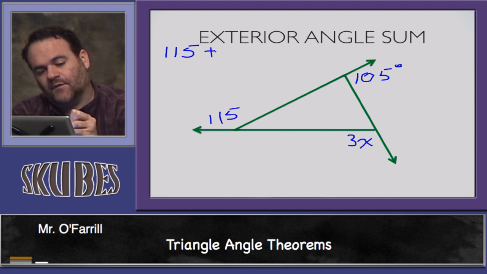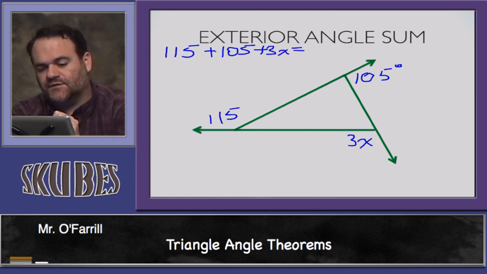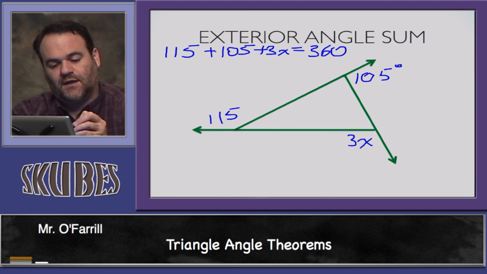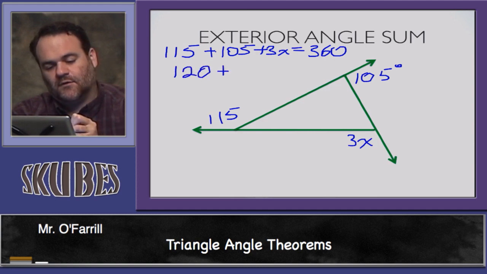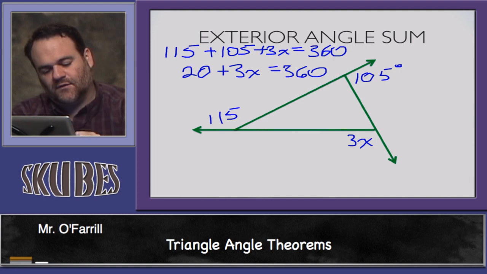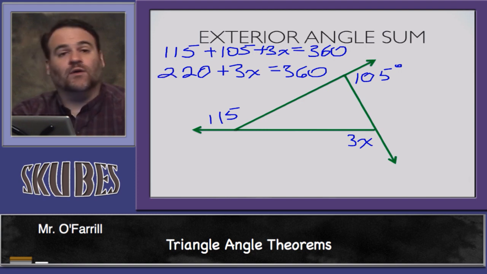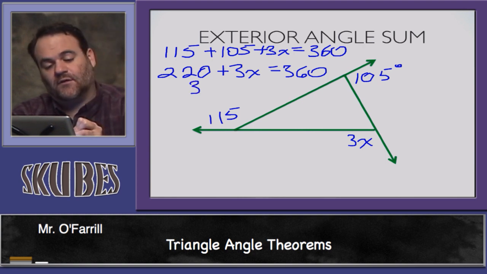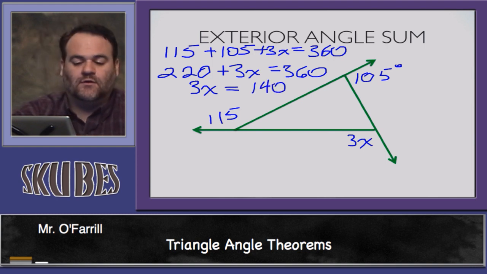115 plus 105 plus 3x has to be 360. Combine like terms. We're saying that 220 plus 3x equals 360. Subtract 220 from both sides, and 3x equals 140.